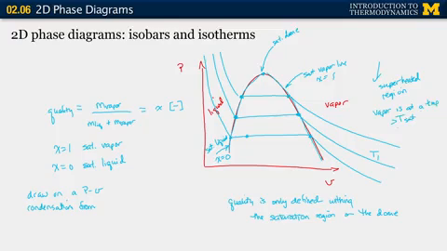This area is the superheated region, and a superheated vapor is a vapor at a temperature greater than Tsat. In this region, we're going to define subcooled liquids. So that's the superheated vapor region. This is the subcooled liquid region.